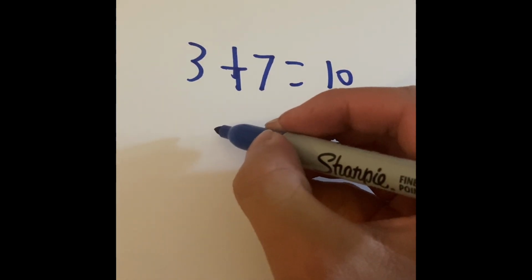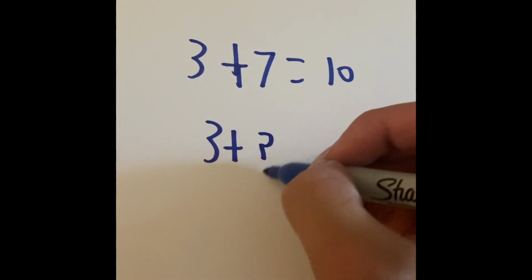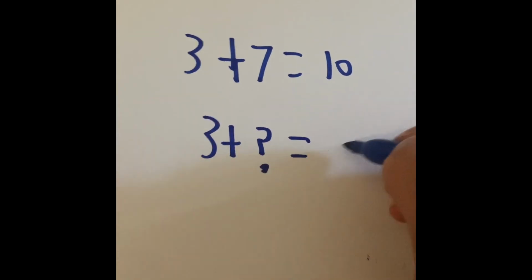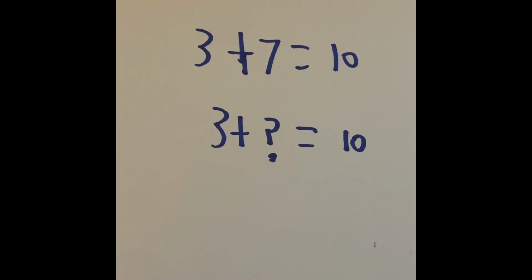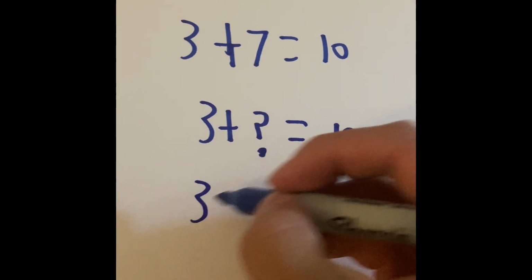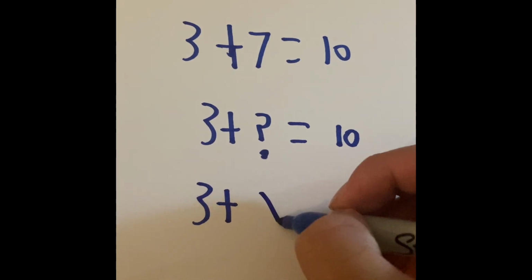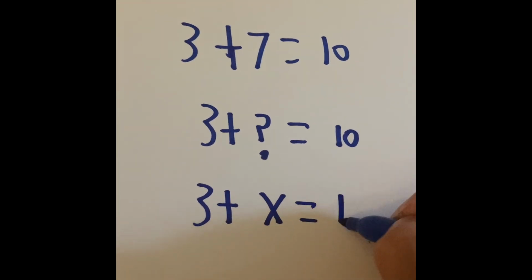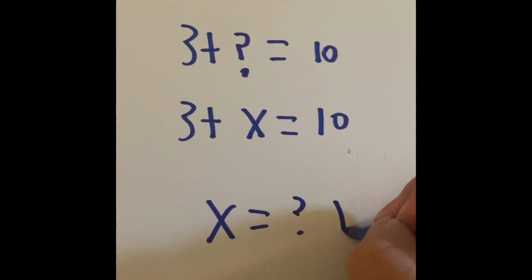So what we have is 3 plus whatever that question mark is going to equal 10. In algebra form, you would say 3 plus a letter, x, is going to equal 10. X is going to equal the unknown value.